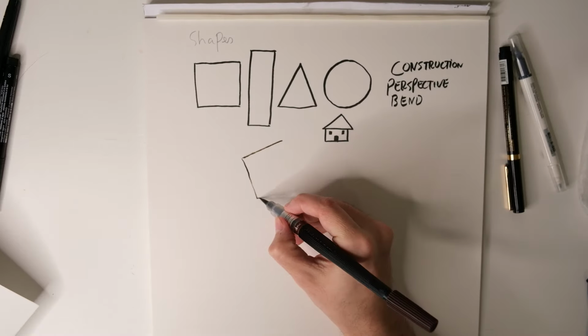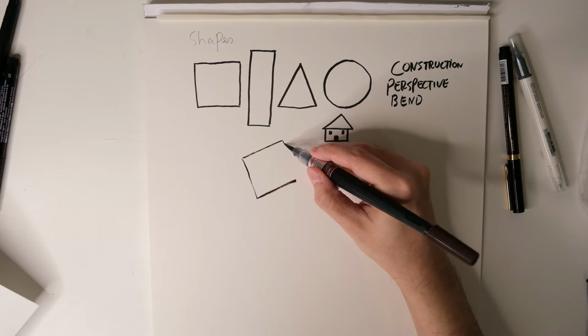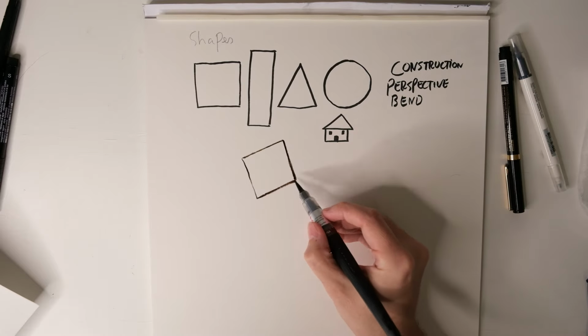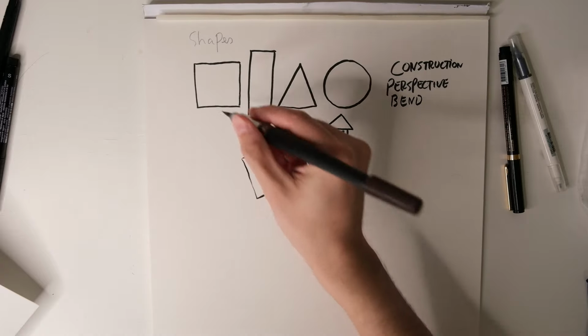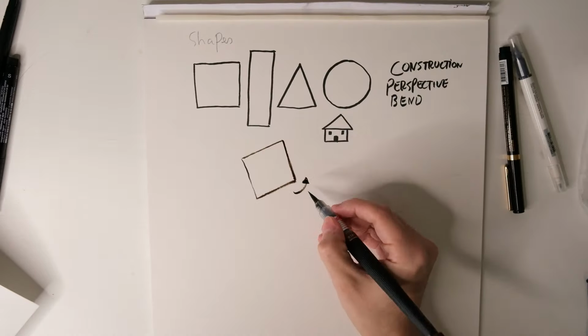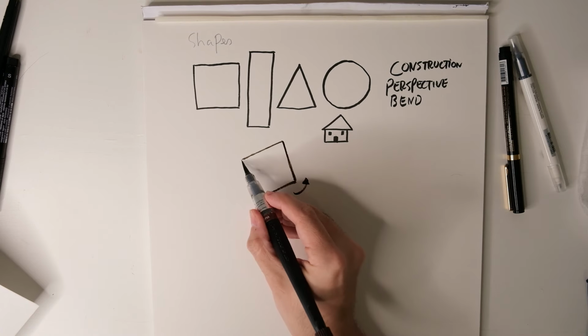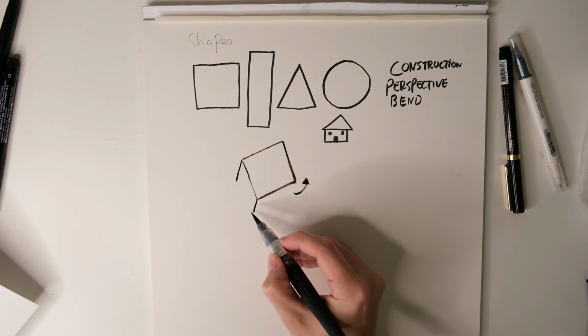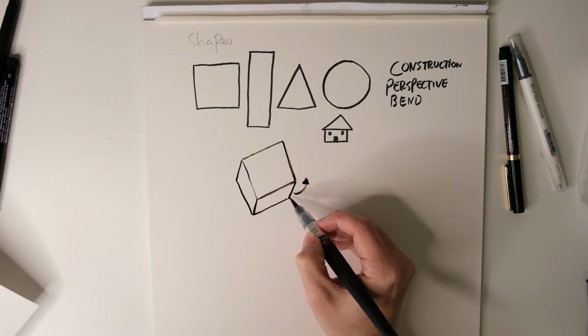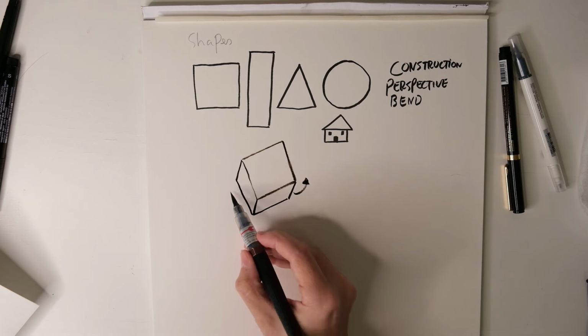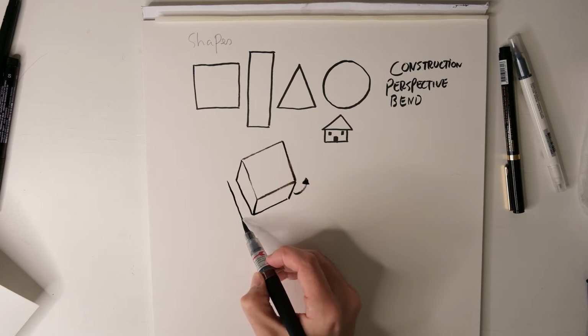I did a slight rotation. Here it was very flat. I did a slight rotation and I draw it in 3D. So now my object exists in 3D.